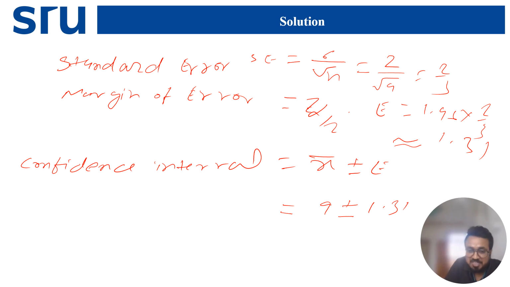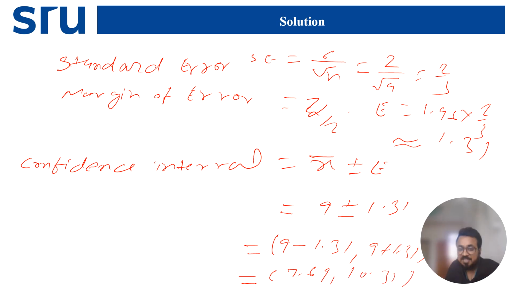If we write this as an interval, we can write 9 minus 1.31 comma 9 plus 1.31. So whenever we solve this, we will get 7.69 to 10.31. What does it mean? That means the 95% confidence interval for the population proportion lies between this interval 7.69 to 10.31.